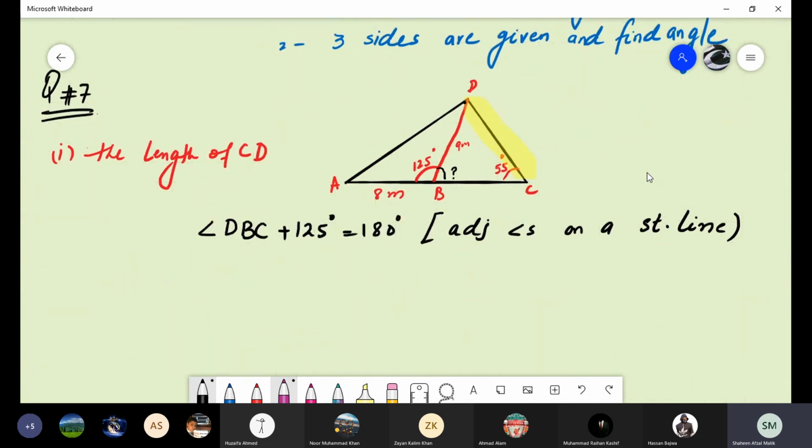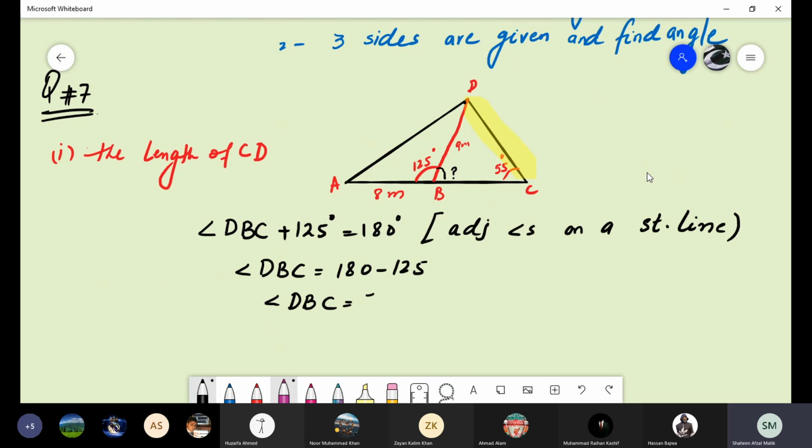Yes, boys, can you find the value of angle DBC? 180 minus 125. What's the answer? Use your calculator, beta, and tell me the answer quickly. 55.